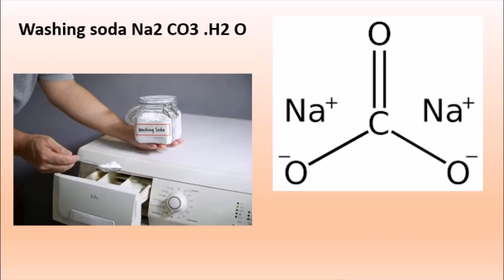If we talk about the color, washing soda is whitish and usually an odorless powder. When we test it with litmus paper, it turns blue. Washing soda is also hygroscopic in nature. What hygroscopic means is that it can absorb the moisture of the air.